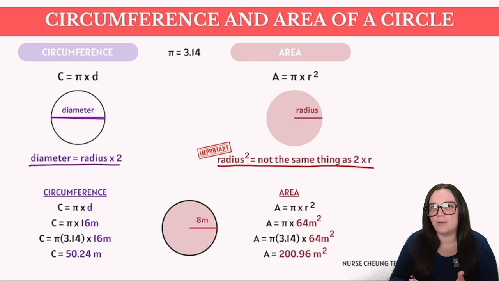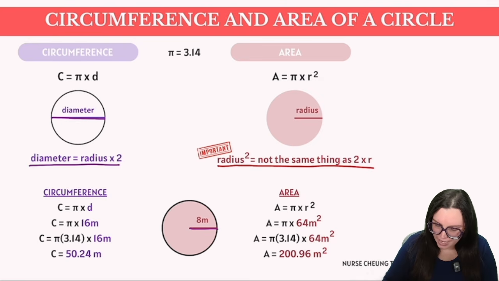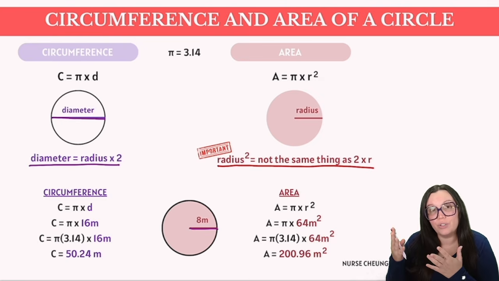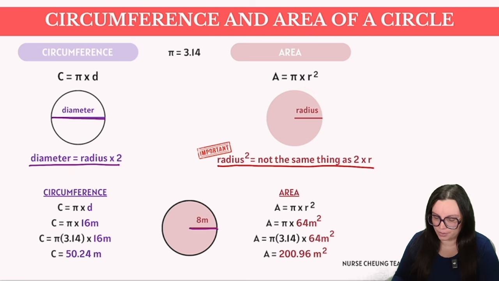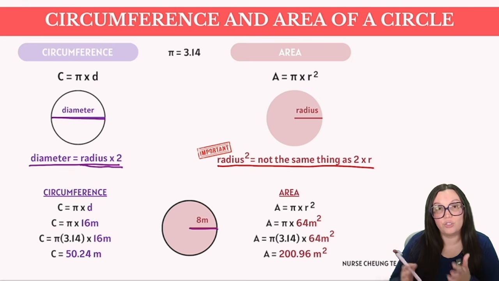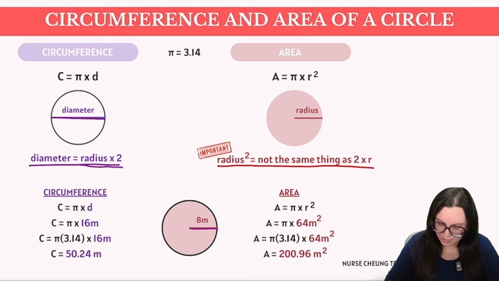Let's take a look at an example of how this will actually be applied on the TEAS. So starting with our first example, we're given the exact same circle, and our circle is giving us a radius of 8. So when it comes to considering the circumference of a circle, we're actually going to multiply the radius by 2 like we discussed before. So in this case, 2 times 8 is equal to 16.